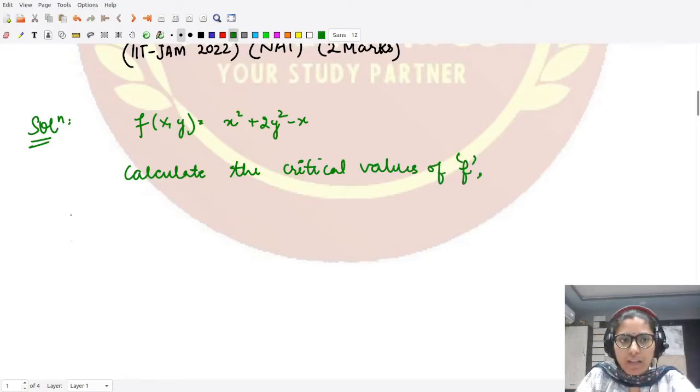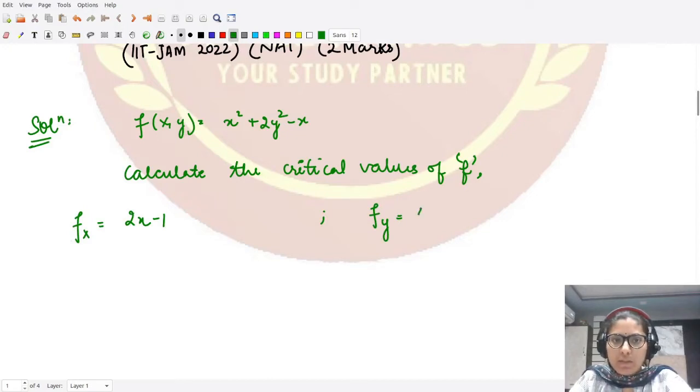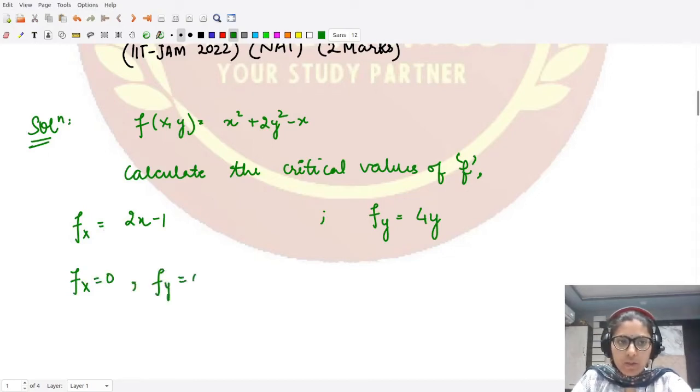For that, we'll first differentiate this with respect to x partially, keeping y as constant. So it would be 2x minus 1, and then we'll differentiate it with respect to y partially, keeping x as constant. So it would be 4y. I hope you know how to perform this partial differentiation. Next, in order to get the critical points, we'll set both of them equal to 0.